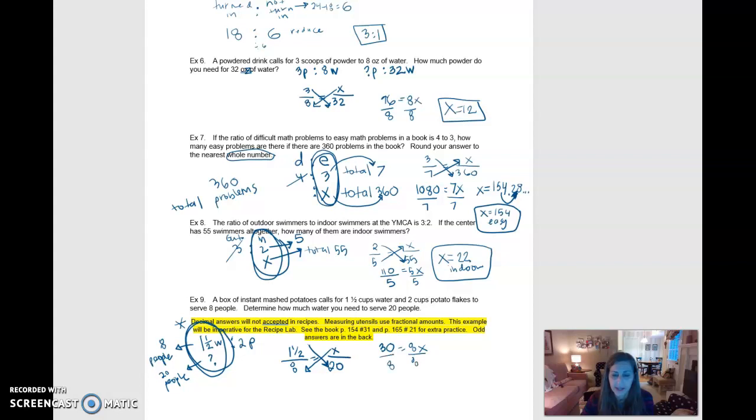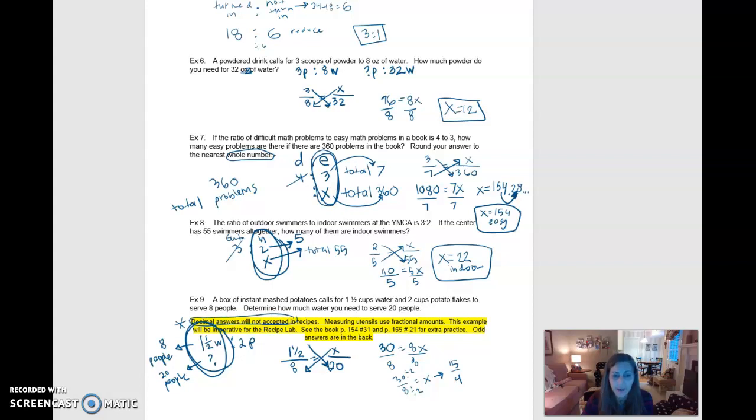I divide both sides by 8. Now this is going to be 30 over 8. I can reduce that. This is divisible by 2, and this is also divisible by 2. So my new fraction would be 15 over 4. Now look at this note right here. Decimal answers will not be accepted.